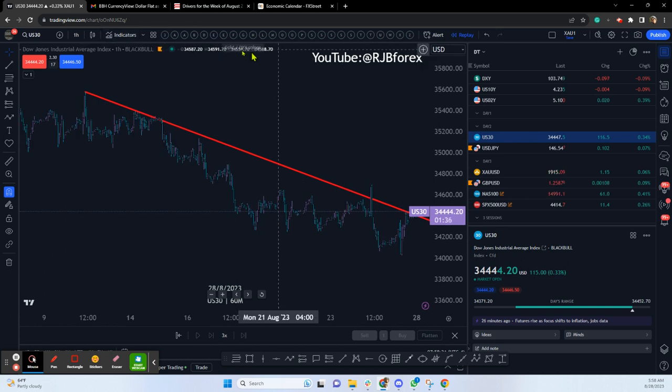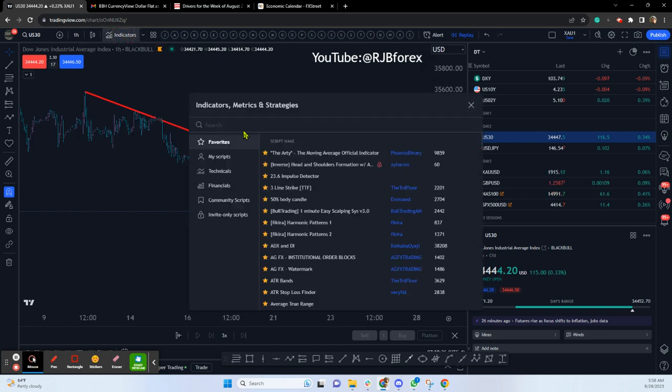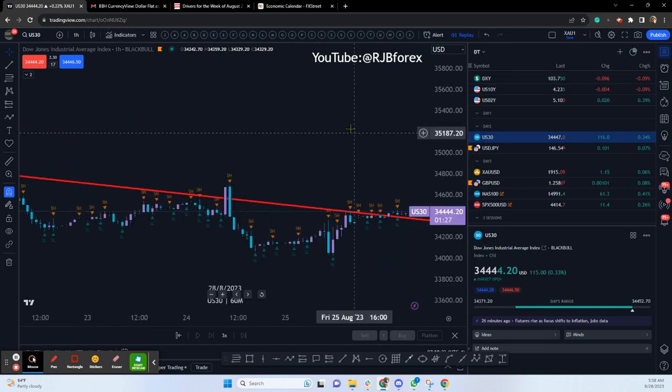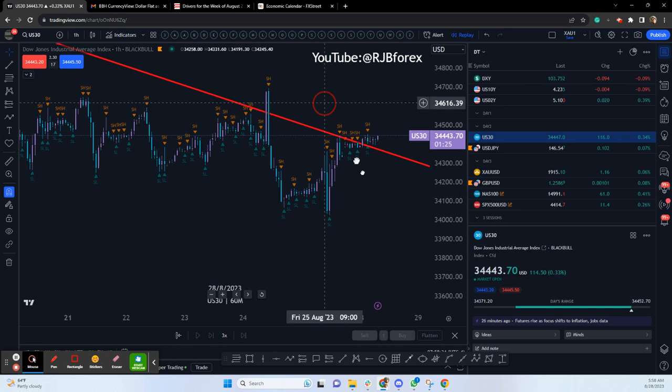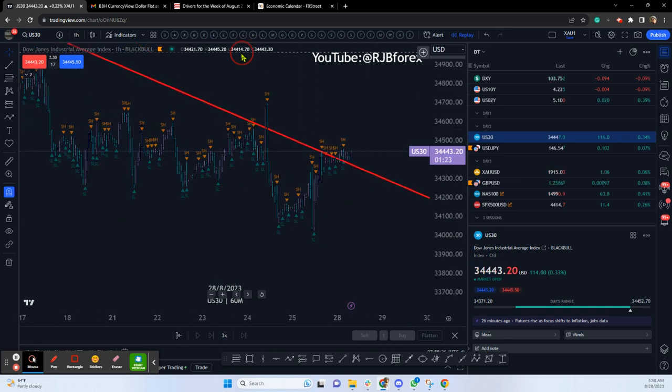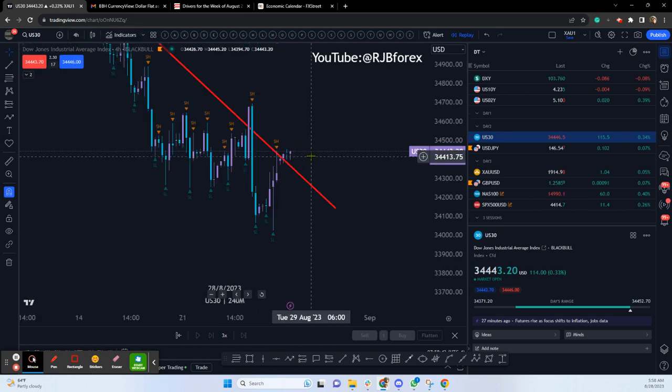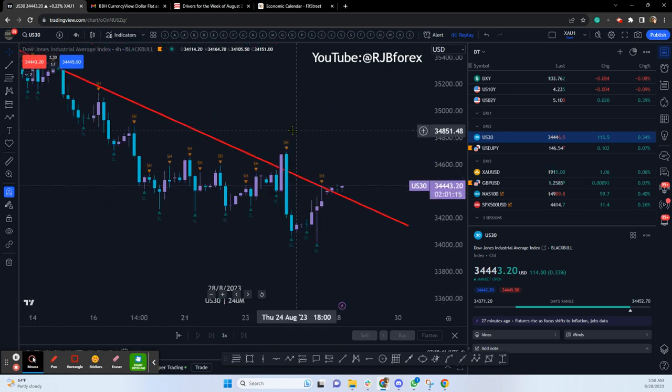Okay, so this is still a downtrend. Just looking on this indicator here to find the swing highs that we need to break. Let's go out to a 4-hour chart, might be a bit cleaner. Yeah, so essentially it's going to be these highs up here.